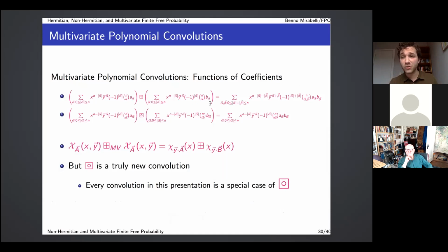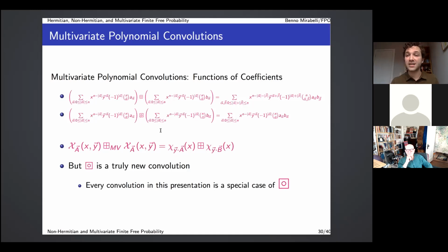To derive these multivariate convolutions, the finite free additive convolution can directly come out with some trivial algebraic steps. You can reduce this multivariate additive convolution to the single variate additive convolution and just get it directly from our previous polynomial convolution.